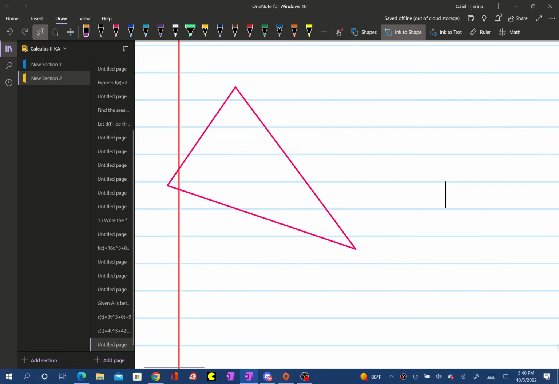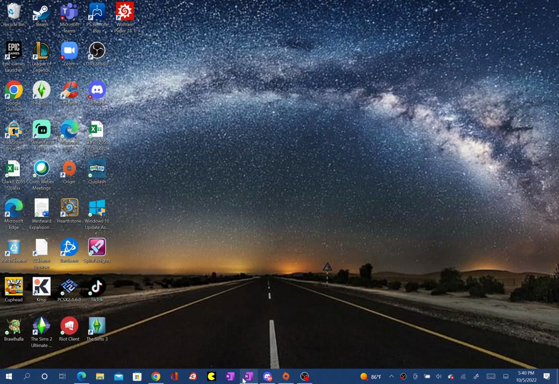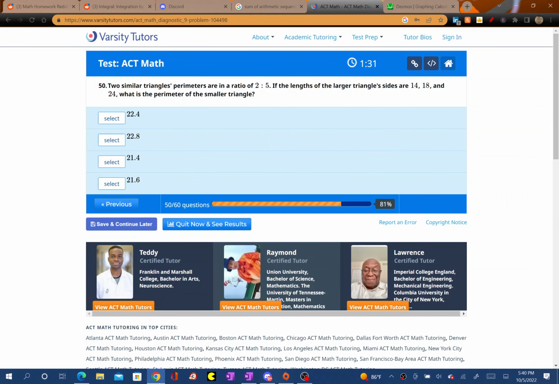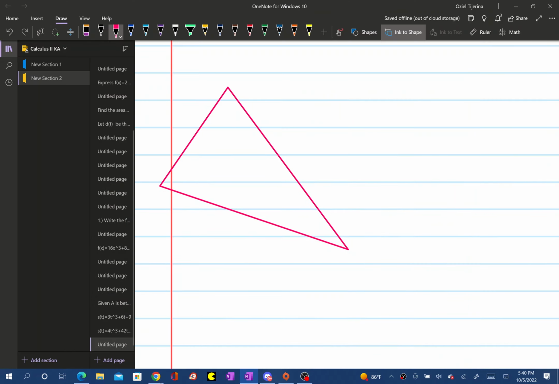But let's say we have that triangle, and let's say the larger triangle is 14, 18, and 24. Let's say this is A, this is B, this is C, whatever.